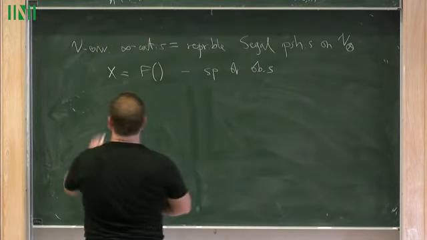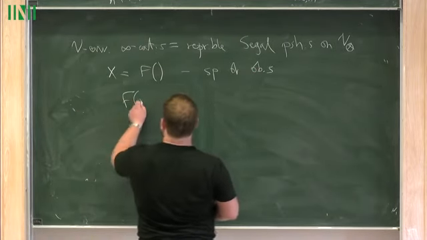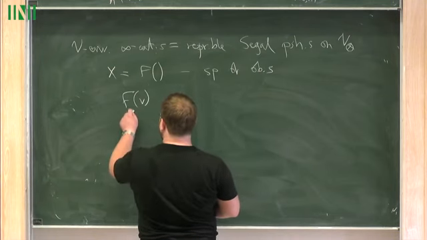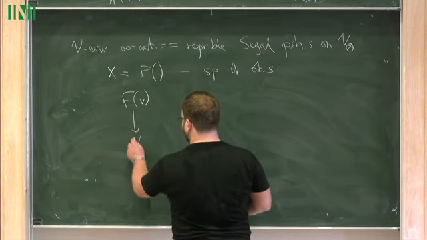And then if I look at F of a single object of V, that maps to X squared.